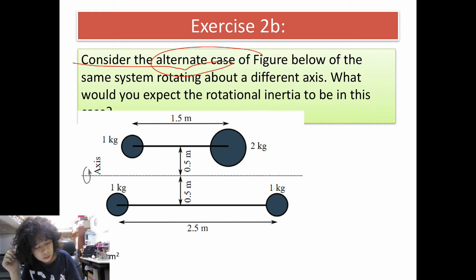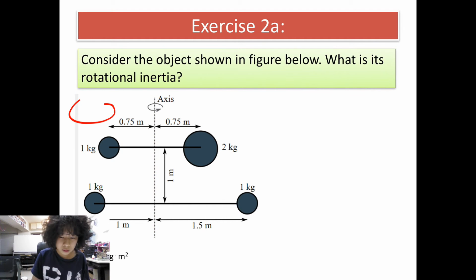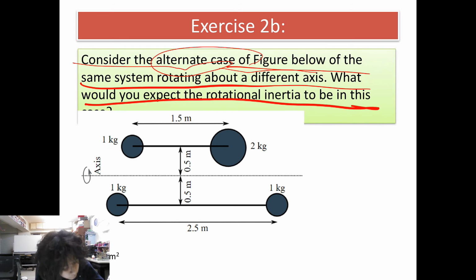System 1 will be the rotation of this, and this, I don't know, because it's being blocked by the picture. But it's just asking you to calculate the rotational inertia. So this is very, very simple.